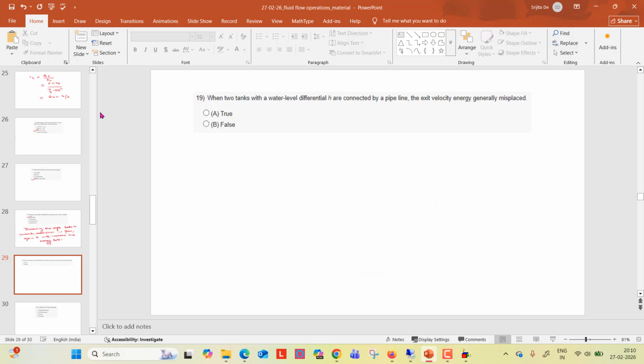When two tanks with a water level differential H are connected by a pipeline, the exit velocity energy is generally lost. This is true.